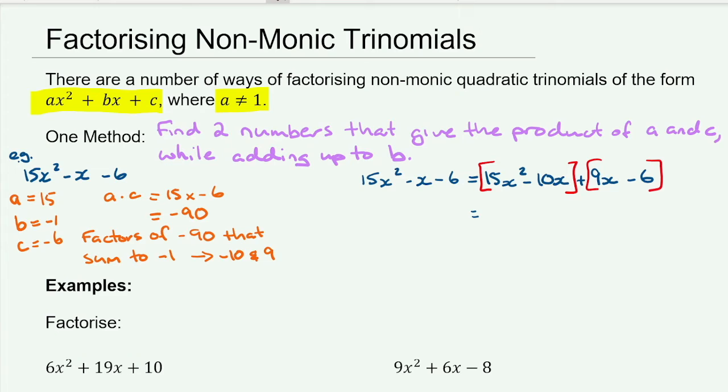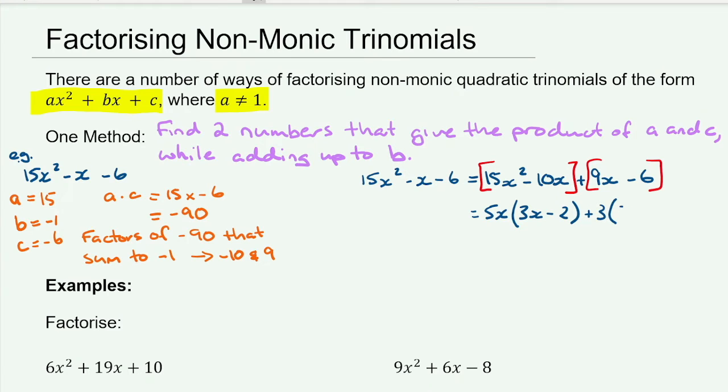So in here we have a common factor of 5x. I pull that out in the first pair. That gives me 3x minus 2. Then I have a plus there. And then I have 9x and minus 6. A common factor there is 3.